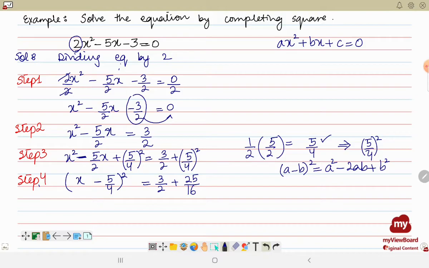So in the next step of working, we are going to solve it further. We'll simplify the right hand side. We get the LCM of 2 and 16 as 16. 8 3 times is 24 plus 25. So we get 49 by 16.